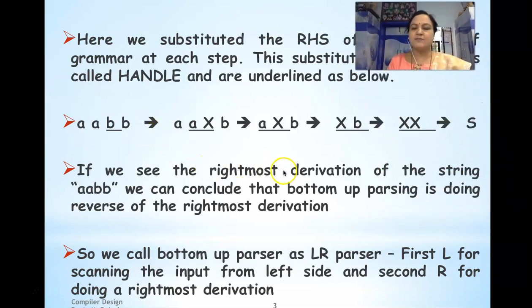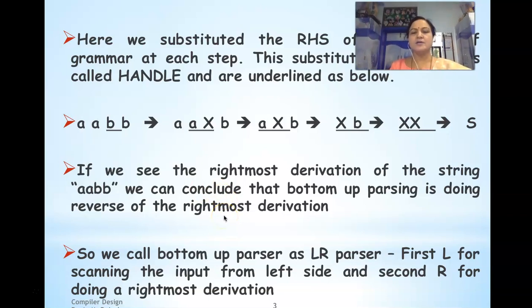So if we see the rightmost derivation of the string AABB, we can conclude that bottom up parsing is doing the reverse of the rightmost derivation. So we call a bottom up parser an LR parser. Why LR parser? The first L stands for scanning the input from left to right. Whatever input we are going to parse, we read from left to right.